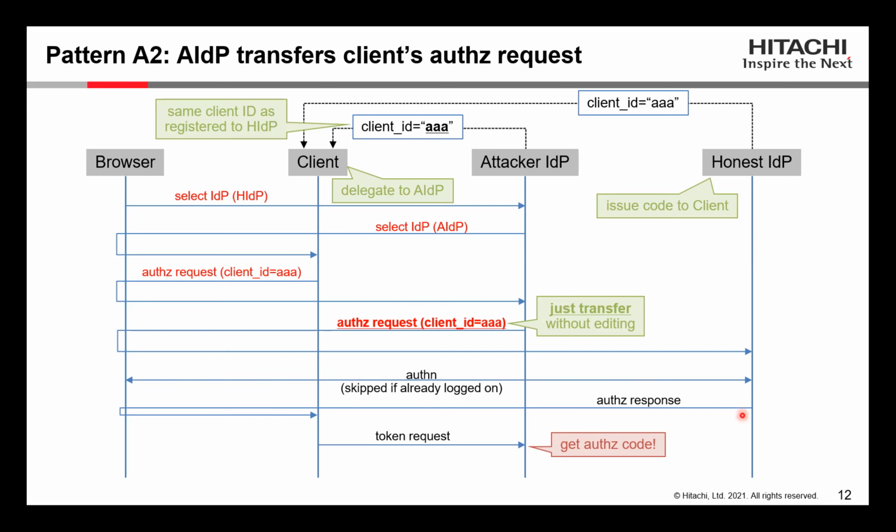Then HITP sends an authorization response to the client. This authorization response includes an authorization code. HITP assumes HITP issues the authorization code to the client. Then the client sends a token request with the authorization code to AIDP, because the client delegates authorization to AIDP, so the attacker can get the authorization code.